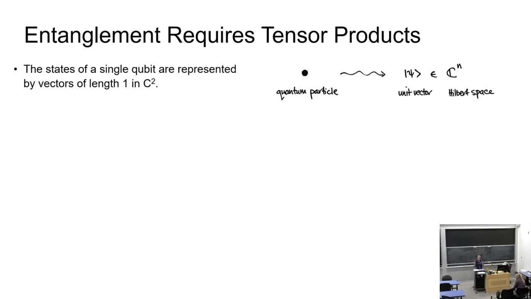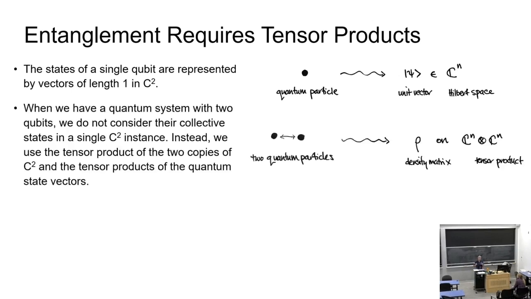If we have two of our quantum particles, the state of that two-particle system can be described by a density matrix on the tensor product of their respective state spaces. So we know that a density matrix is a generalization of our unit vector.